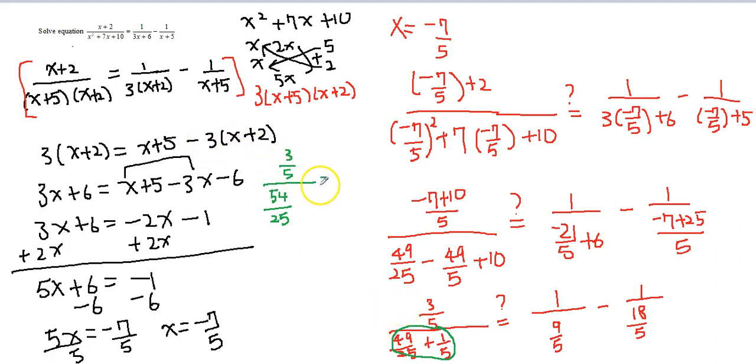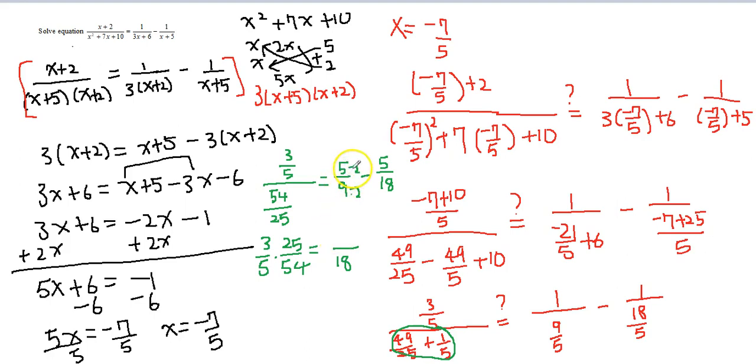Now for this one here, this is going to be complex fractions, so you get 5 over 9 minus 5 over 18. Now I'm going to use the complex fractions on the left hand side, so that will be 3 over 5 times 25 over 54. If I make the common denominator 18, I'm going to have to multiply top to bottom by 2 here.